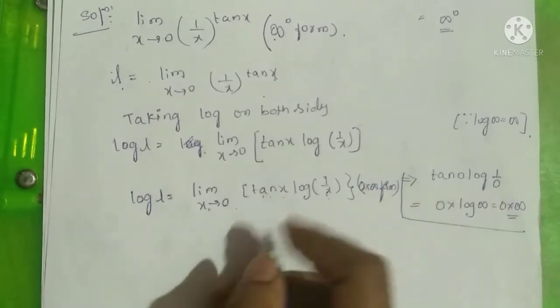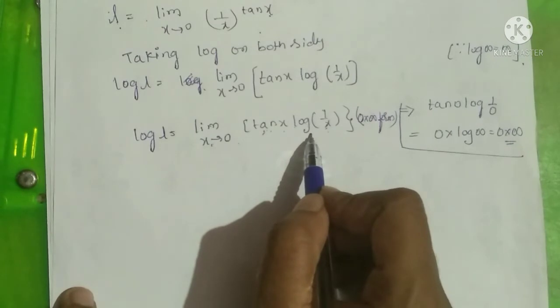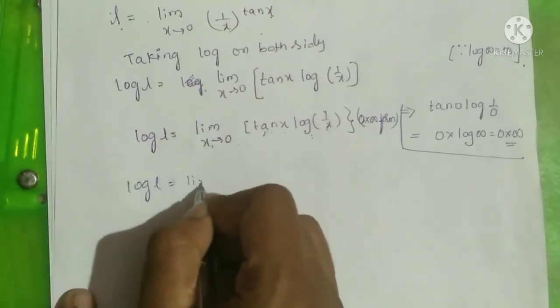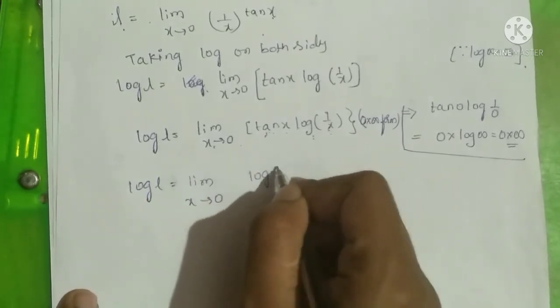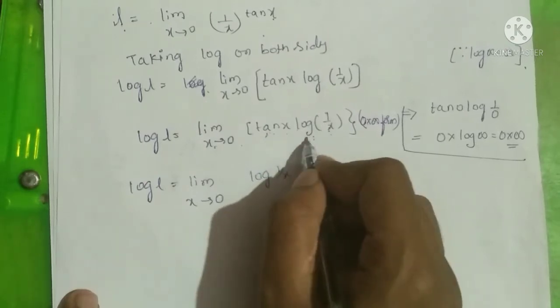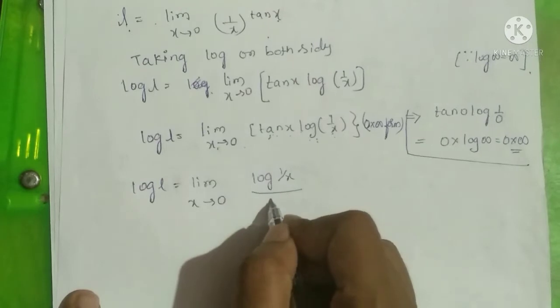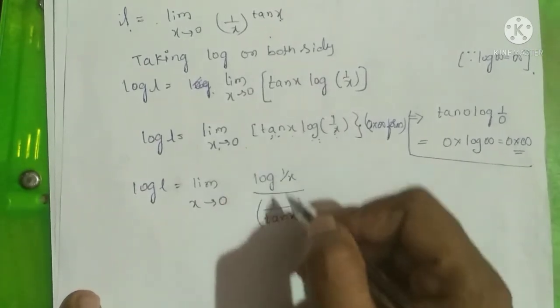After confirming, you have to convert this function into infinity by infinity form or 0 by 0 form. For our convenience, carry the limit x tends to 0 as it is. Log of 1 by x is kept in the numerator as it is, and tan x is written as 1 divided by tan x, which brings it to the denominator.